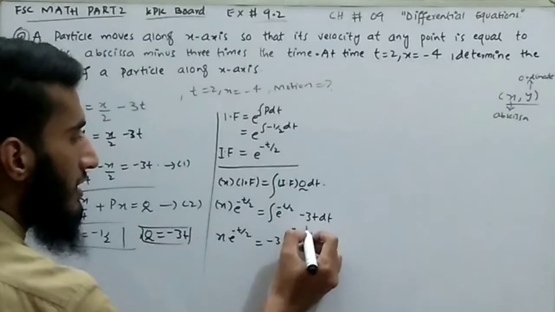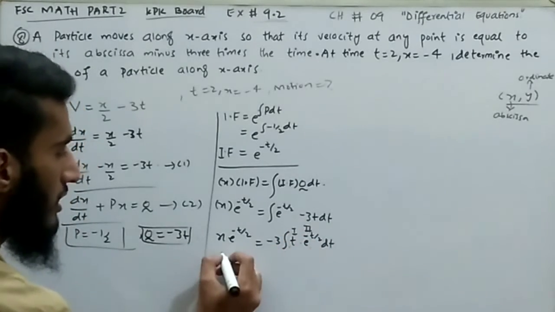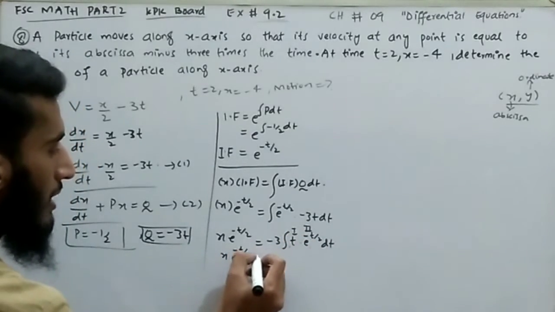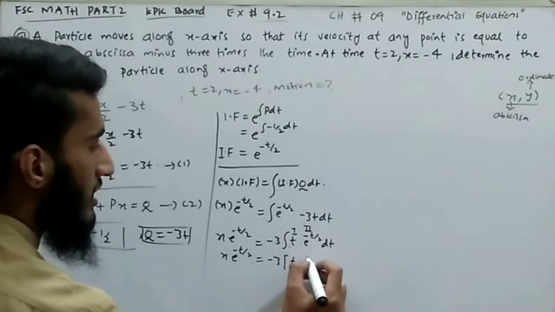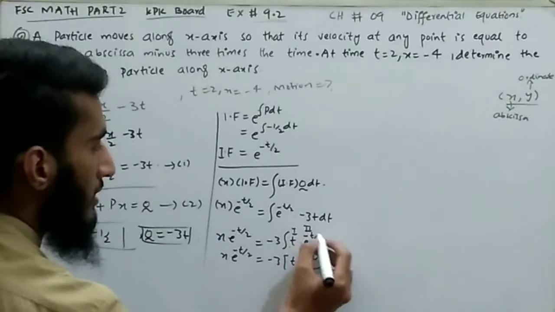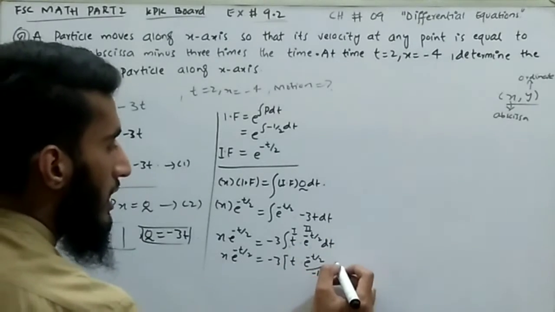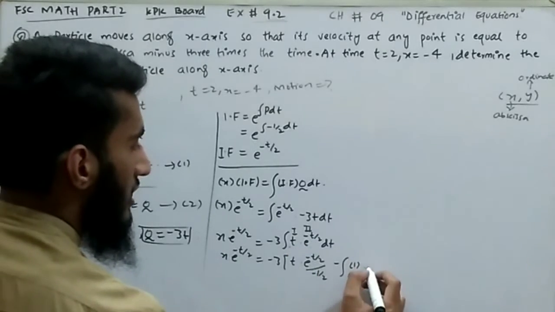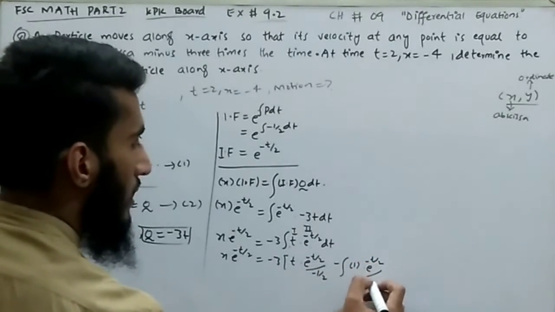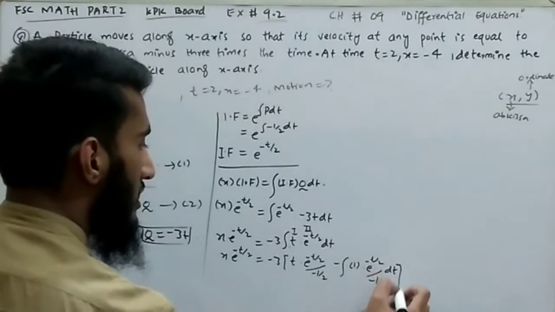Over here use integration by parts, first function and second. So by solving it becomes x e power minus t by 2 is equal to minus 3 times of first function times integral of second. Its integration is e power minus t by 2 divided by minus 1 over 2. Minus integral of derivative of the first function, t is 1. Integral of this function is e power minus t by 2 over minus 1 by 2 into dt.